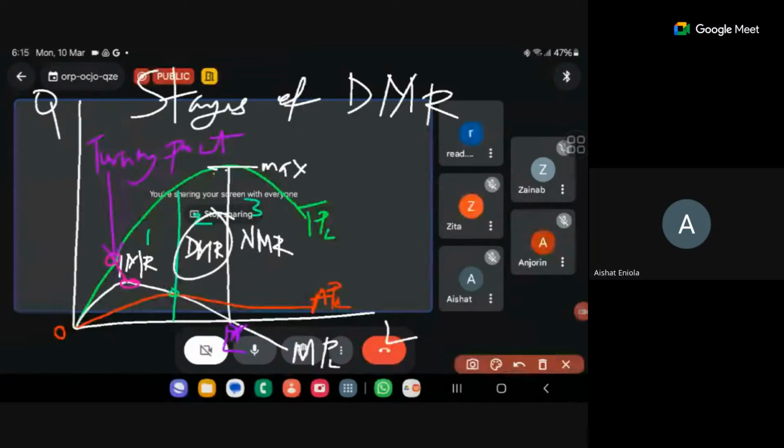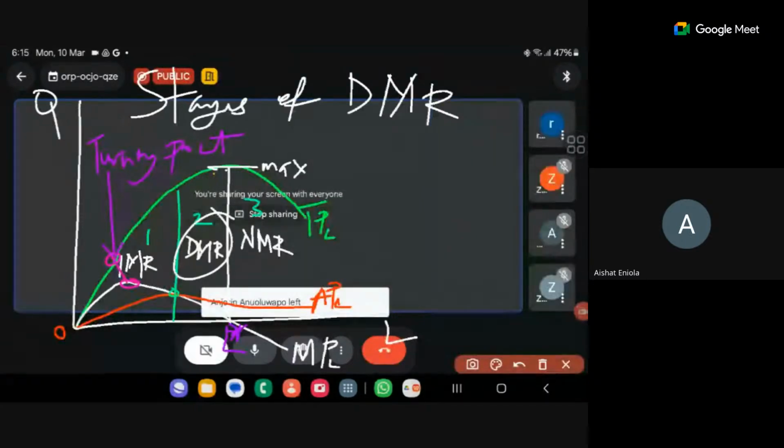At the end of this stage, marginal product is equal to 0. At the end of this stage, total product is maximized while marginal product is 0.